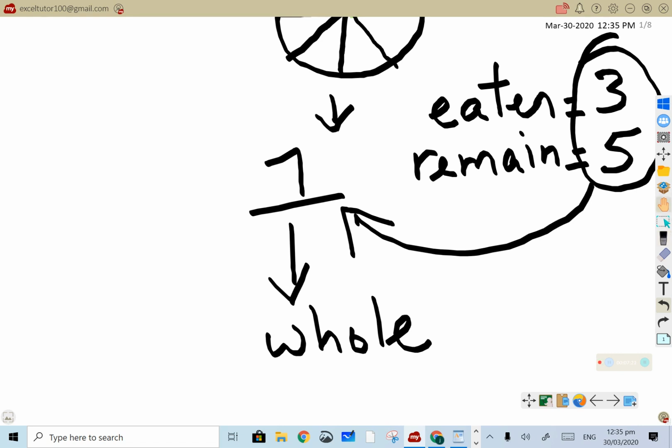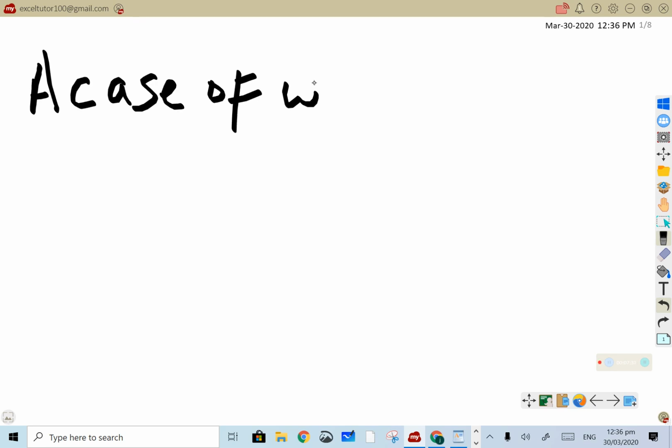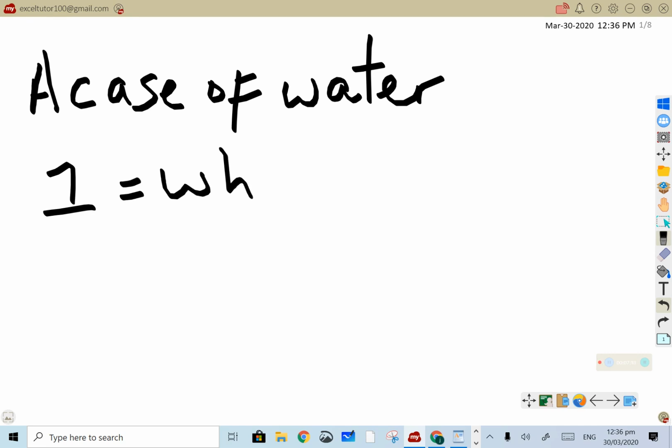So if we have a case of water, if you go and look at it right now, 1 case of water is equal to a whole, which although it is 1, it is a whole, it is also equal to 24 parts.